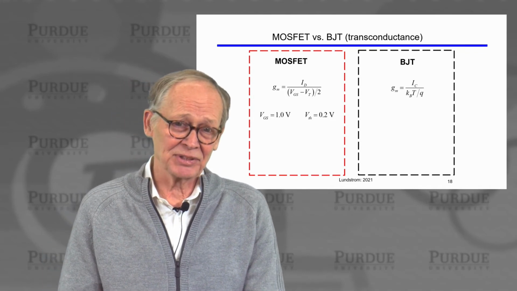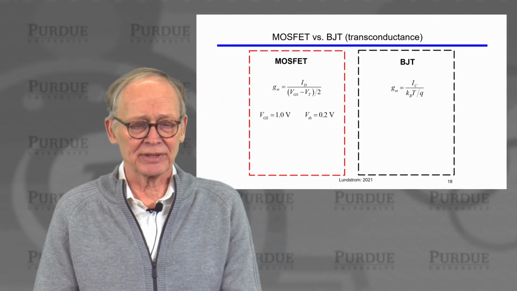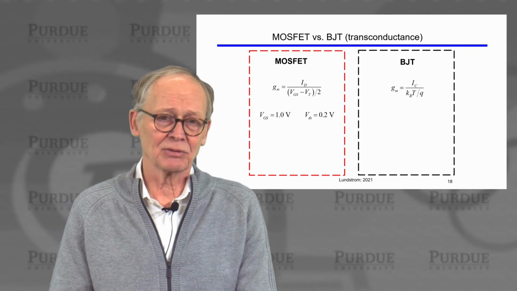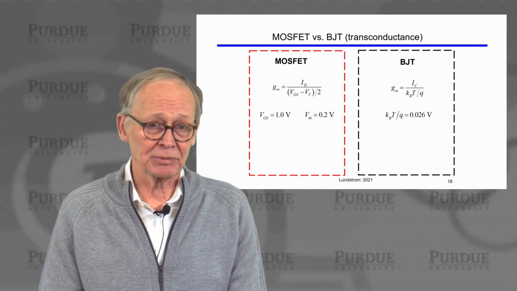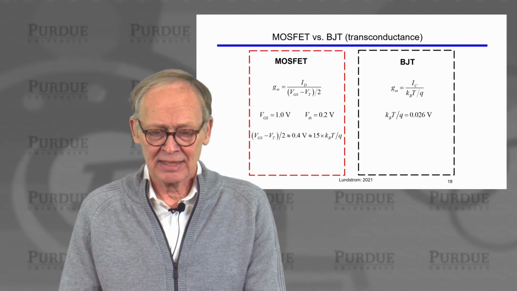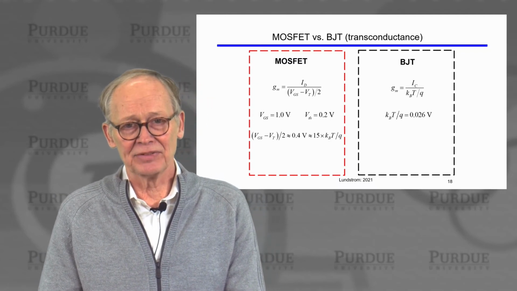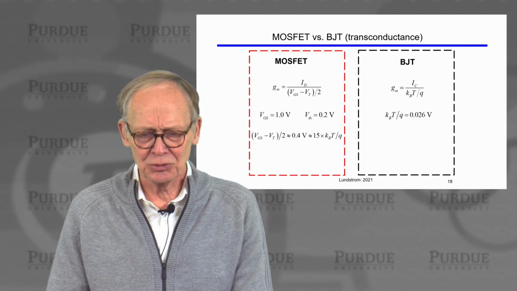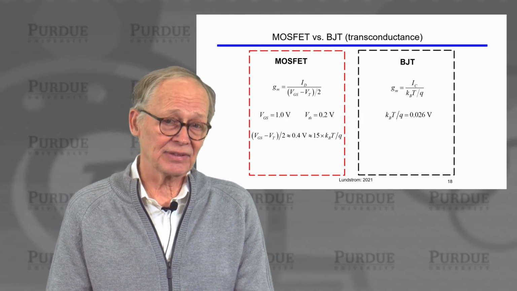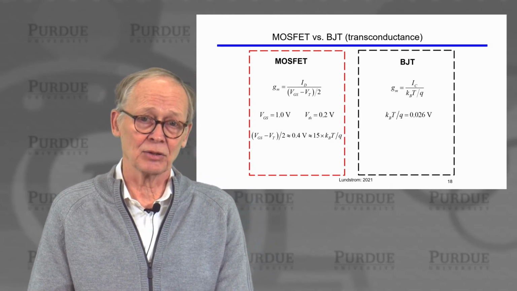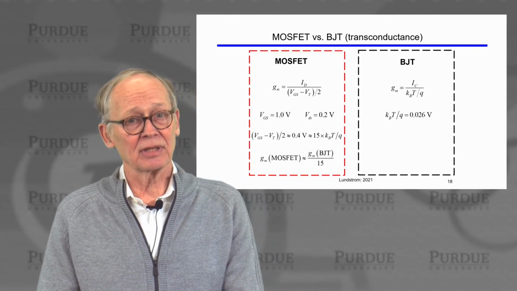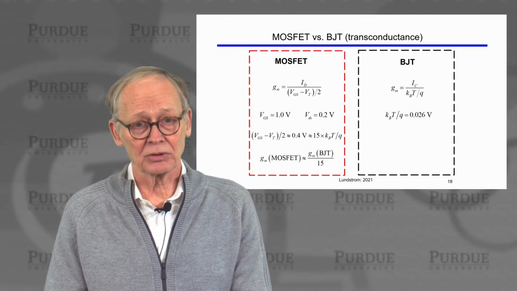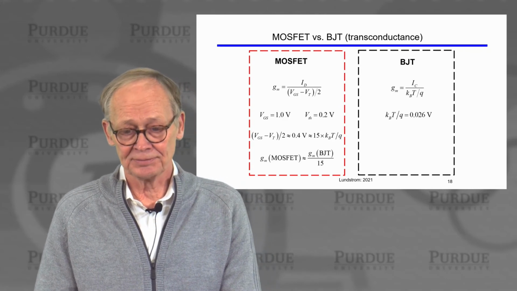Now, some typical numbers, maybe a gate to source voltage of 1 volt, a threshold voltage of 0.2. kT over q at room temperature is 0.026. So if we compute (Vg minus Vt) divided by 2, we find out that it's about 15 times larger than kT over q. What that means is that the MOSFET transconductance is about 15 times smaller than a bipolar transistor.